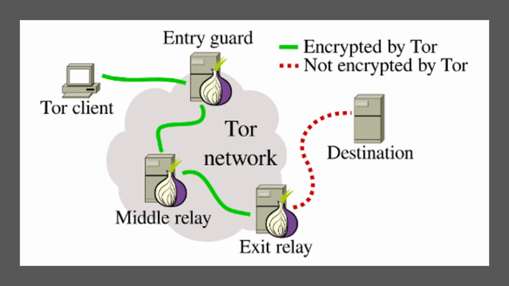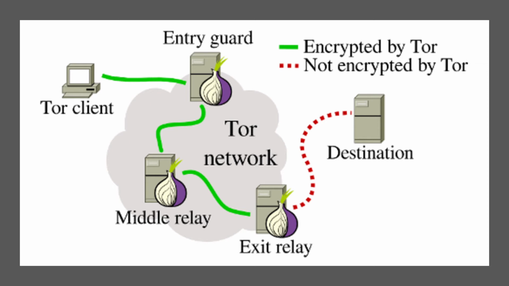So the Tor client's going to take the encryption key from the exit relay and encrypt the packet. Then it's going to take the encryption key from the middle relay and encrypt that packet. And then it's going to take the encryption key from the entry guard and encrypt that.